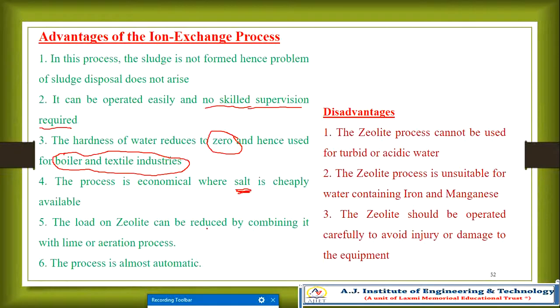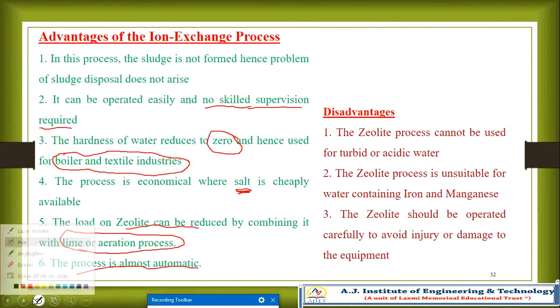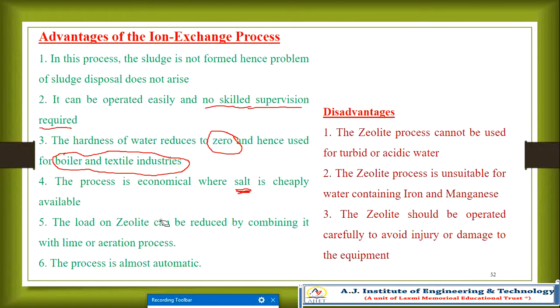The load on the zeolite can be reduced by combining it with lime or aeration processes. And the process is almost automatic. It operates on its own, so skilled supervision will not be required.